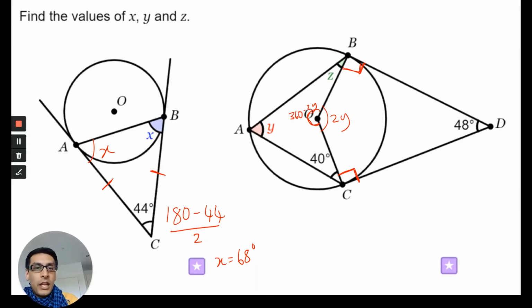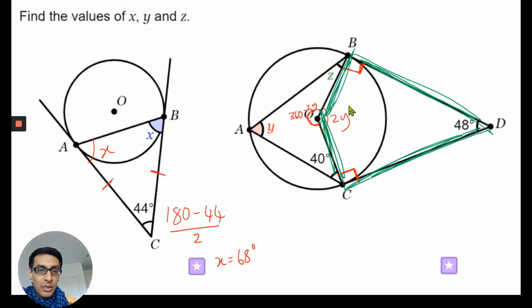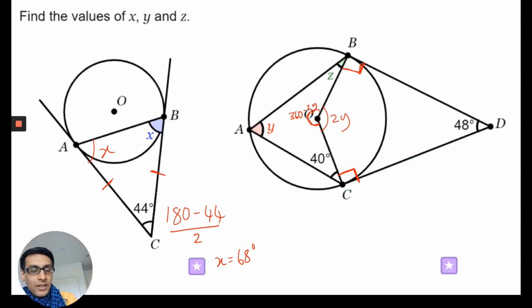So looking at this quadrilateral here, which I'm just going to shade in for a second. It's a four-sided shape, so the inside angles have to add up to 360 because there's essentially just two triangles there. And I know that the things that are inside it are 90 plus 90.